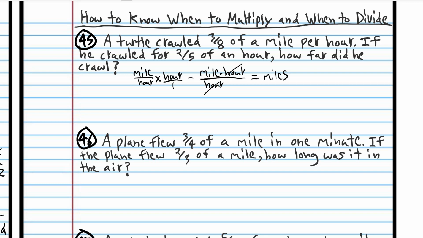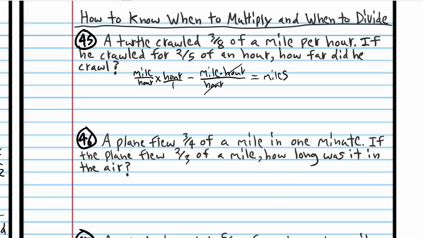So is that what we're looking for? Let's go back and look at the problem. How far did he crawl? How far is miles. Miles is distance. Hours is certainly not distance, so miles must be distance. So it turns out that we were lucky on that one. We got the right answer. So we used the factor label method to see that this is a multiplication problem.